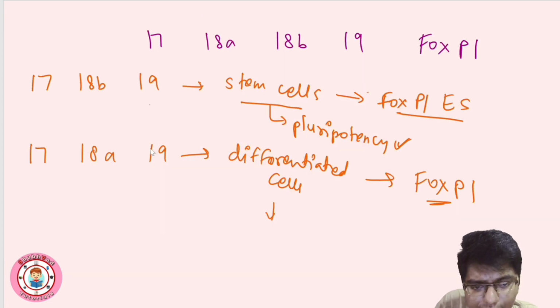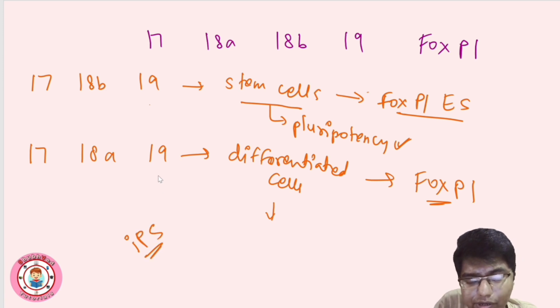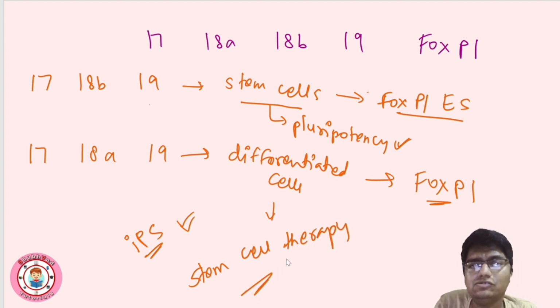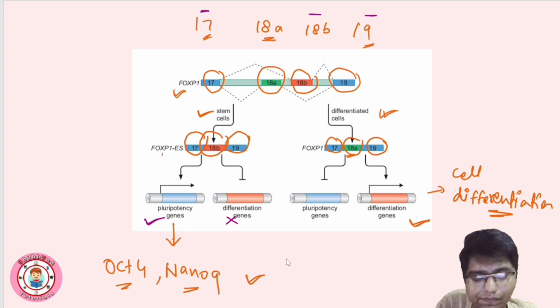You must be aware of the word iPS, induced pluripotent stem cells. Induced pluripotent stem cells are used in stem cell therapy. Very important part. It means we can activate these genes in the laboratory by using this alternative splicing method.